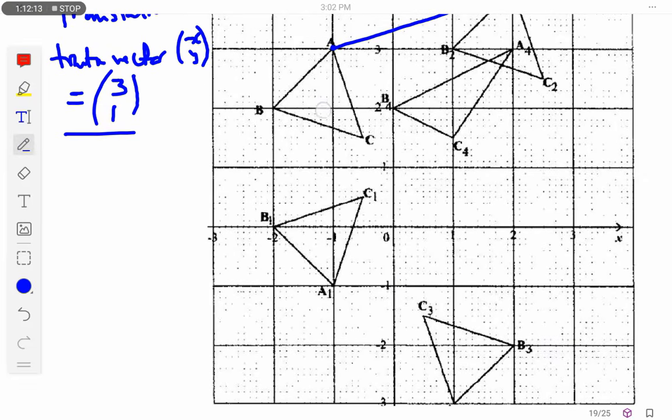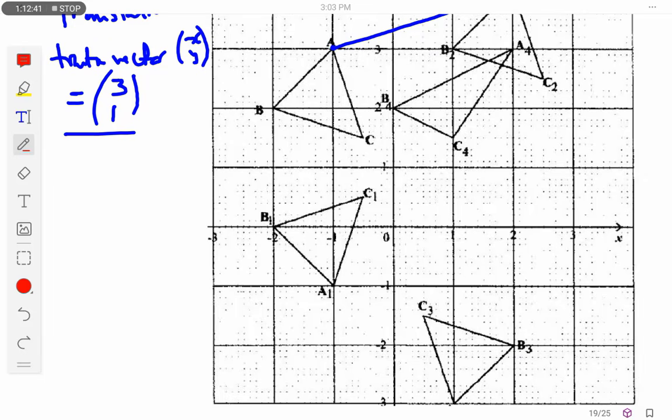We are moving from A to A. Basically, just by looking, guys, if I look at A, this distance to there is the same distance there, same small triangles there. So this thing has not changed much, just by looking.